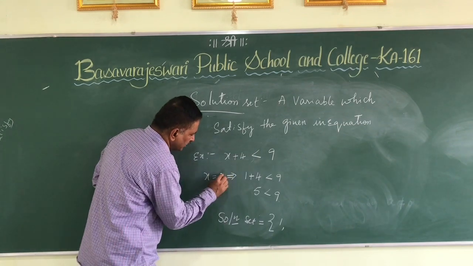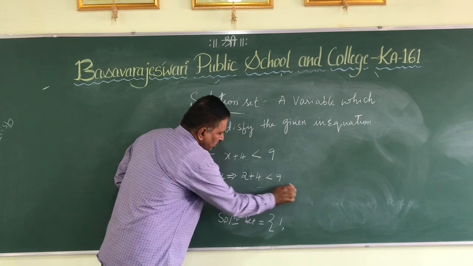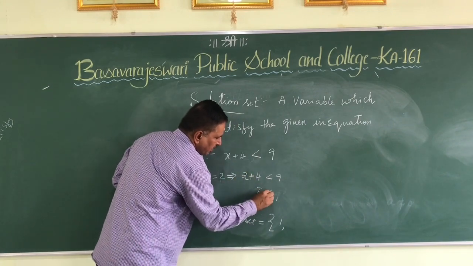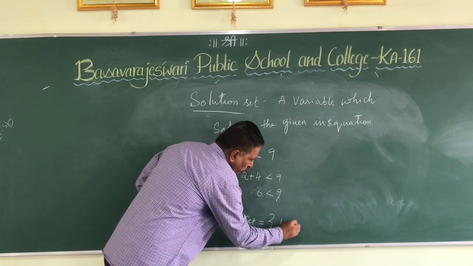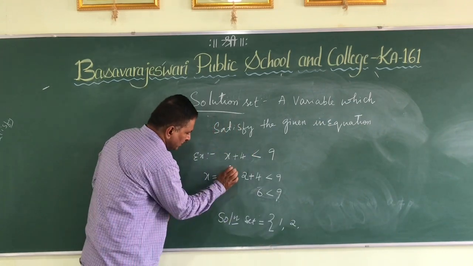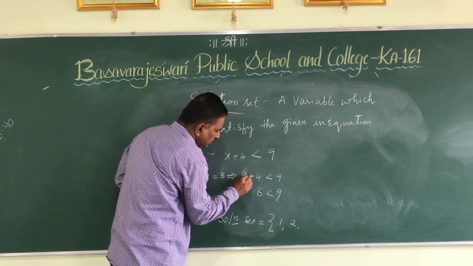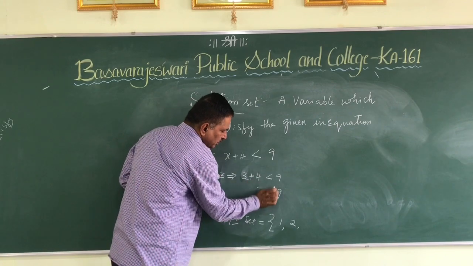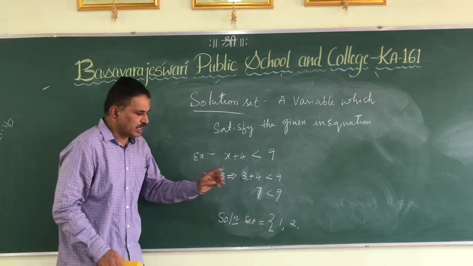Suppose I take x equal to 2. So 2 plus 4 is 6. Definitely 6 is lesser than 9. So 2 is also a solution. If I take x equal to 3, then 3 plus 4 is 7. 7 is definitely less than 9.